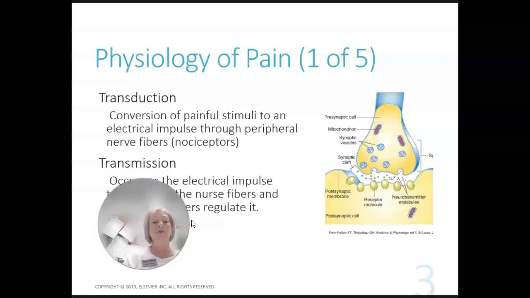Then it sends it through transmission along nerve fibers. Inside those nerve fibers, we have little neurotransmitters that transmit that signal of pain.